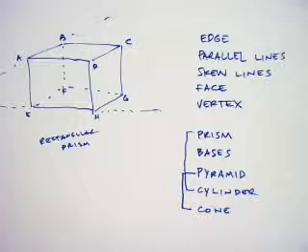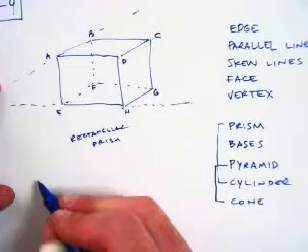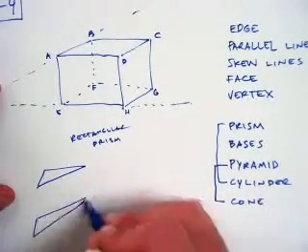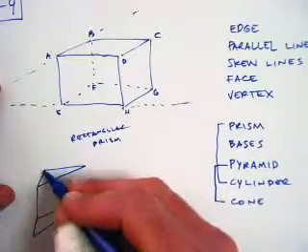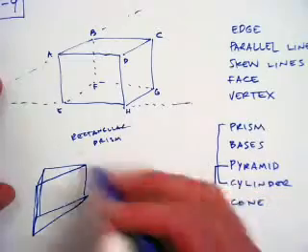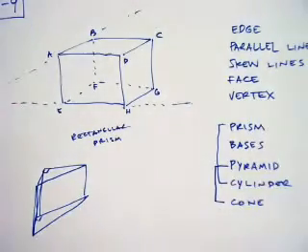This here is a prism. The definition they use for a prism is a polyhedron with 2 parallel congruent faces, which are called bases. So a prism is something that has 2 congruent bases. You can even think of this as a prism. This would be called a triangular prism because if you have a triangle on the top and the bottom, they're parallel and they're congruent, and then you have a middle part.